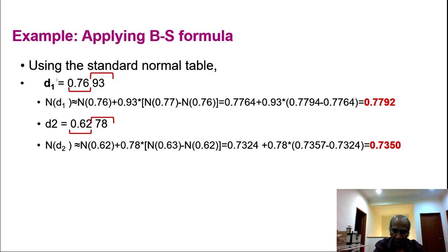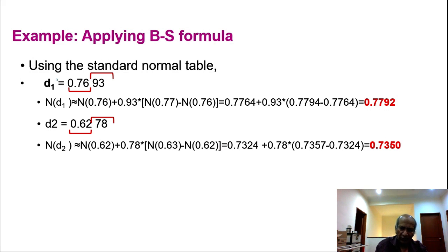That is ND1. And as you got the D2, you use the D2 in a similar way. The first two decimals, N of 0.62, plus the third and fourth decimals, 0.78, times one step higher from 0.62 minus N of 0.62, and you get it as 0.7350.